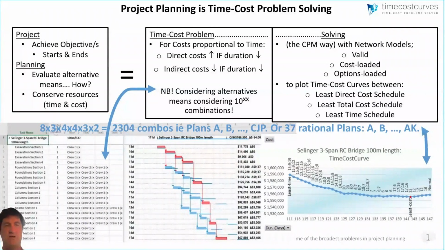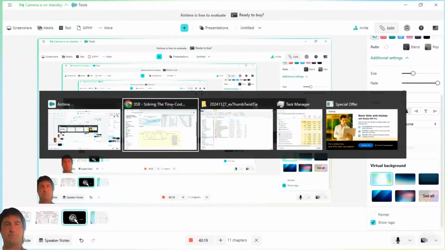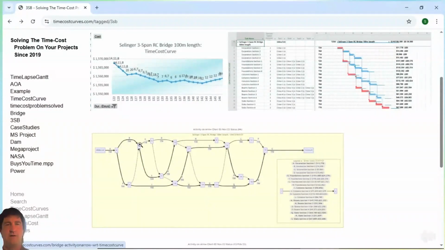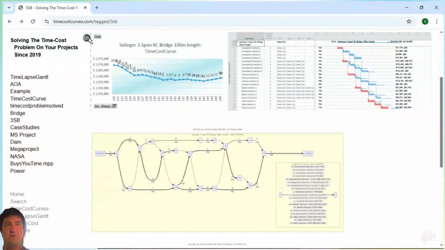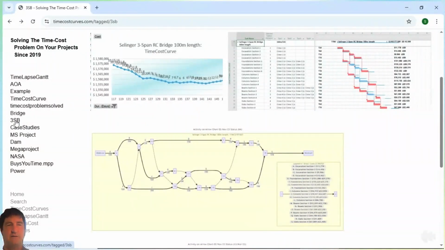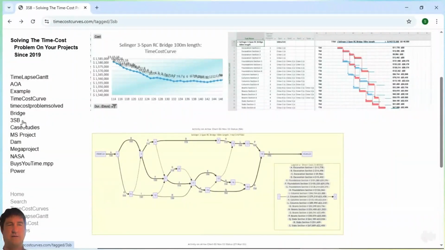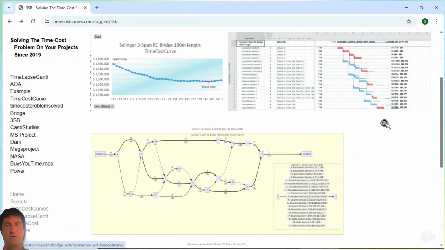Okay, so now I'll go on to the website, which perhaps shows how all of these things interplay, and I'll talk through each step. Okay, so this is timecostcurves.com, and under this tag, which is 3-span bridge, which is my example, which I'm using to explain all the concepts.